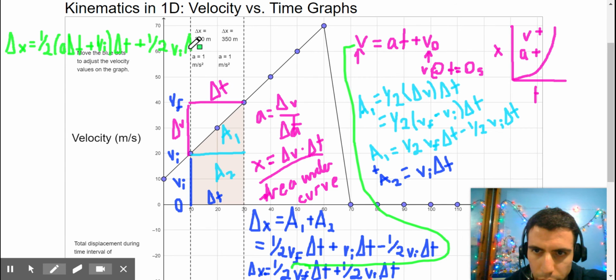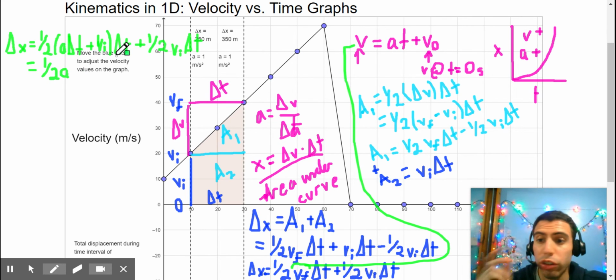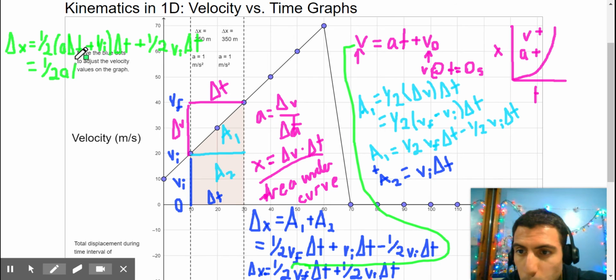delta t. Now, already this seems kind of long, but we still need to distribute. So I'm going to distribute 1/2 and delta t to here. You're going to notice I get 1/2, starting with this term, a, and then after we have delta t here and delta t here. Those are going to combine and make delta t squared.